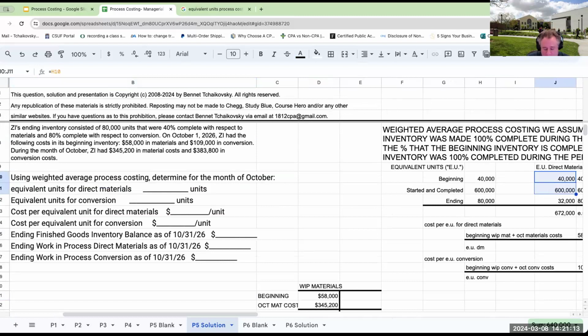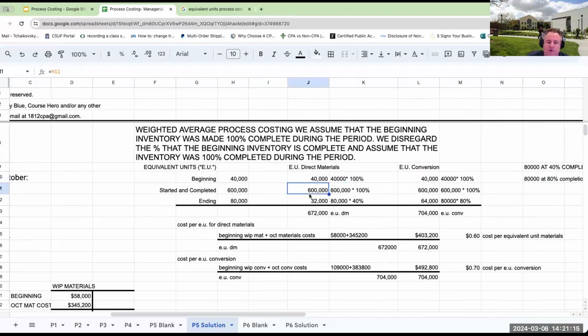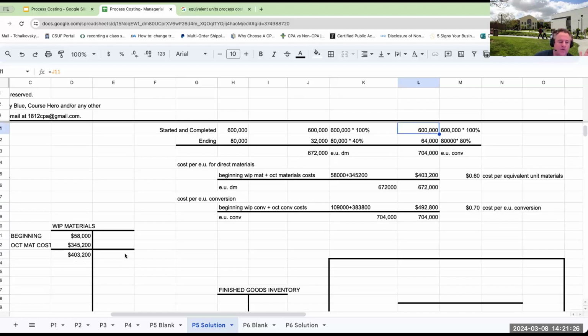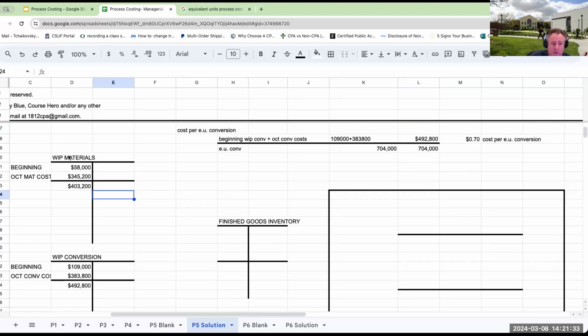In fact, I finished 640,000 equivalent units for materials and 640,000 equivalent units for conversion. I finished those, so those should not be sitting in my WIP materials or my WIP conversion.